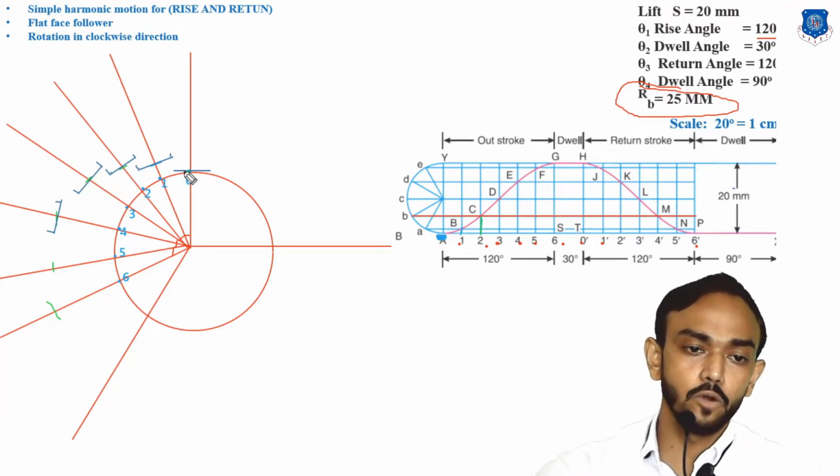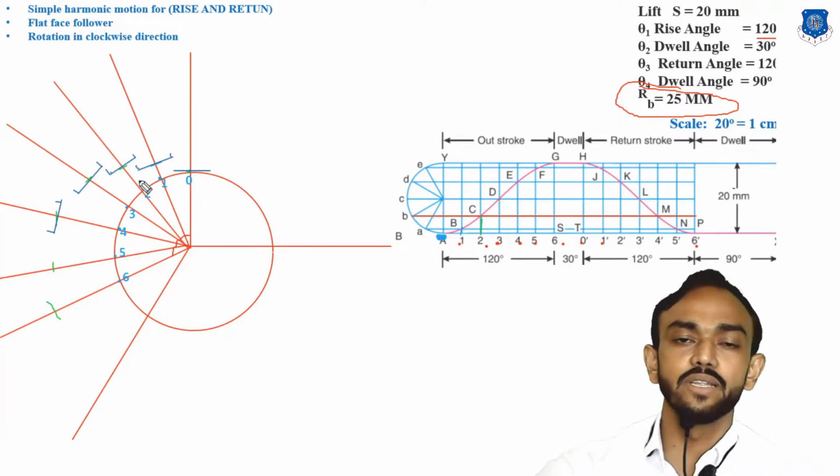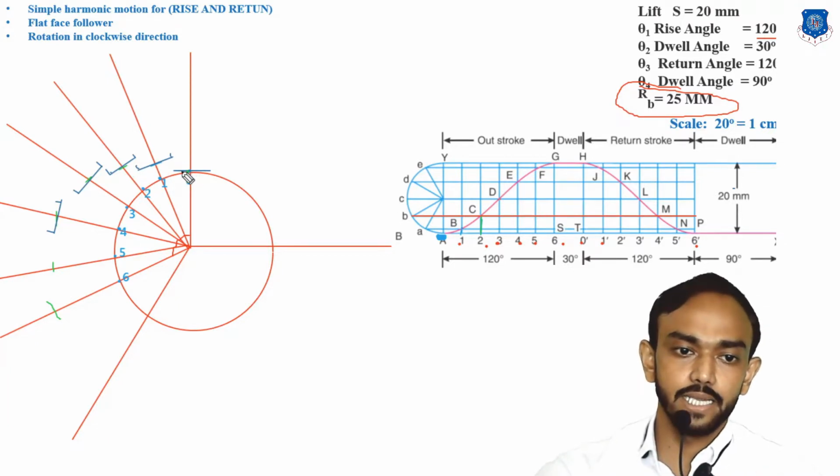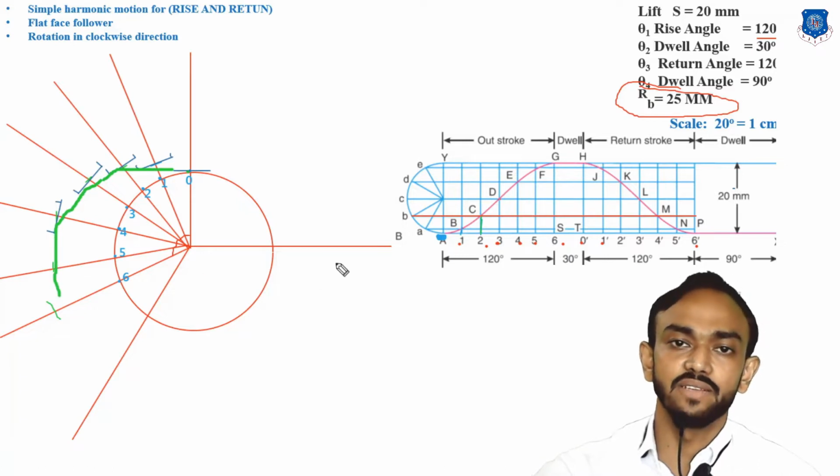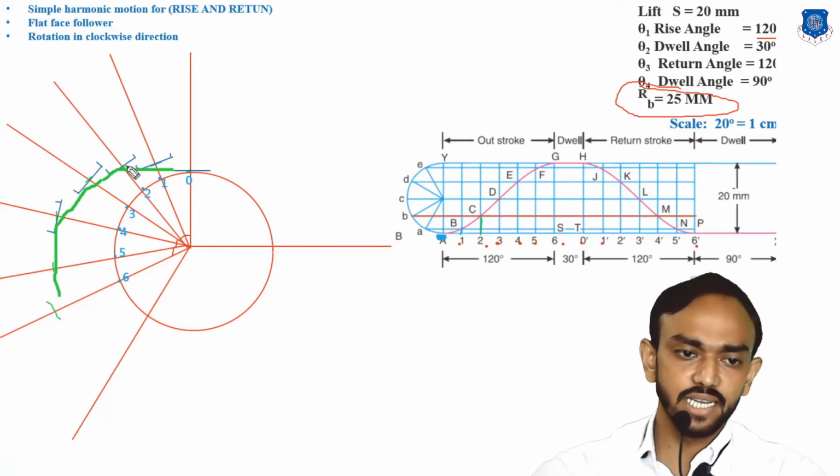We have to draw this line tangentially touching every flat face. You have to draw this profile very lightly and it must touch the flat face at any point. It is not necessary that it must touch at the center or here or here.